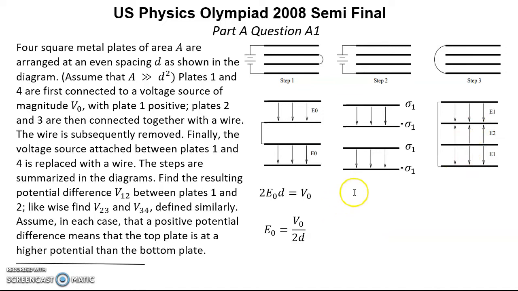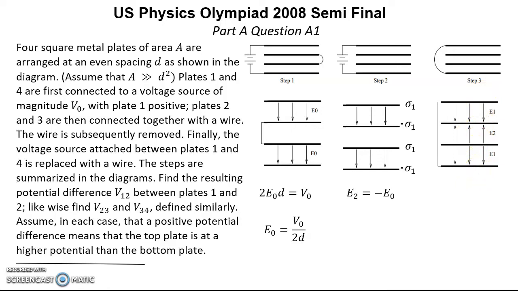It means that we can write that E2, created by the second and third plates, is negative E0. And the first and last plates create between them electric field E1. We don't know yet what it is, but we can calculate the total potential difference created by all plates.